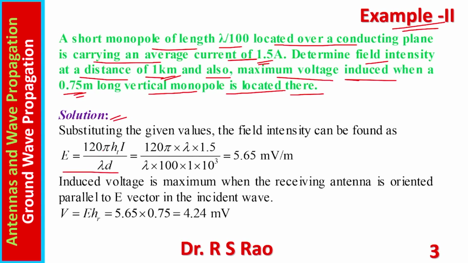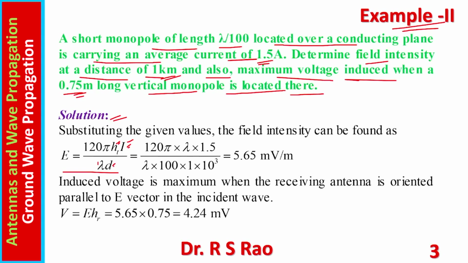E is equal to 120 pi HT I over lambda D. Lambda is wavelength, D is distance of the field point. HT is effective height of the transmitting antenna, I is the current. Current is given, height is given, lambda over 100. Of course, frequency is not given, lambda is not given in the problem. D is given, 1 kilometer.